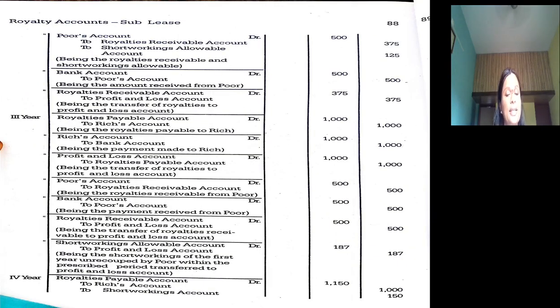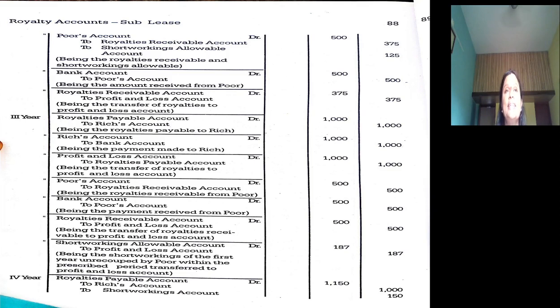So during the third year, the journal entry, as royalty is equal to minimum rent: sublessee's account debit to royalty receivable 500. He will receive royalty: bank account debit to sublessee's account 500. Royalty receivable should be closed by transferring it to profit and loss account: royalty receivable account debit to profit and loss account.